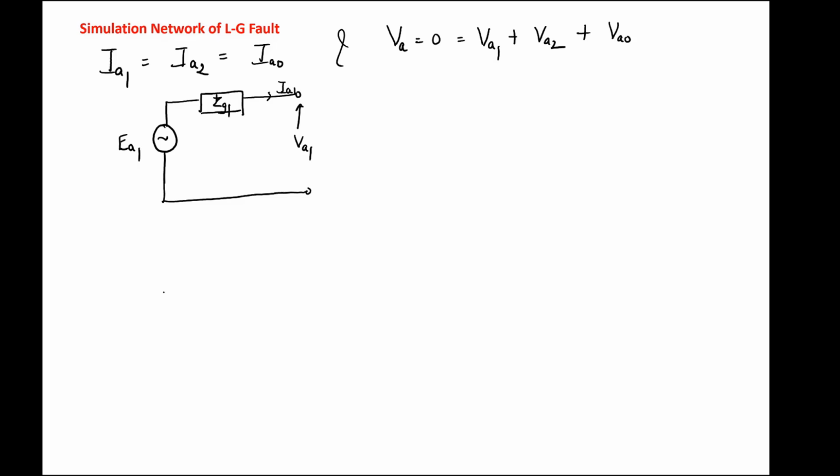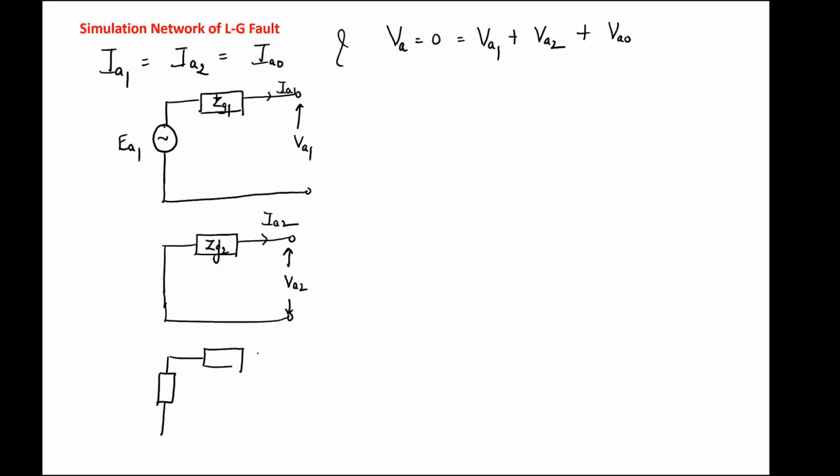The negative sequence network of the alternator is this one, where this is ZG2, VA2, and this is IA2. The zero sequence network of the alternator is ZG0, 3Zn, this is your VA0, this is IA0.